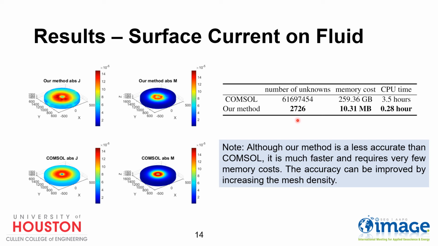Although our method is less accurate than COMSOL, it is much faster and requires very little memory, so it can be run on a regular laptop. With COMSOL, you almost need a workstation. Also, the accuracy can be improved by increasing the mesh density.